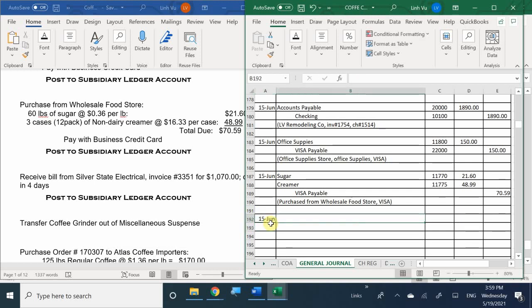So here we are, June 15. We received a bill. We're placing this expense into miscellaneous expense because this cost is associated with our coffee grinder.